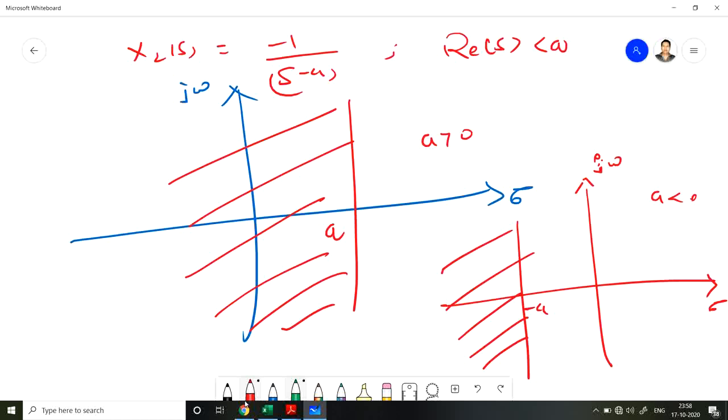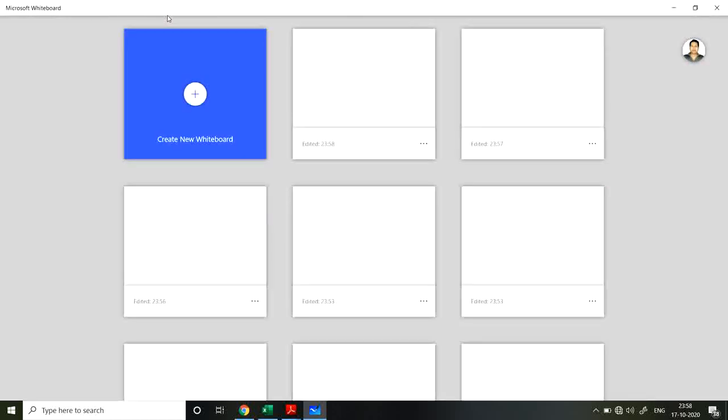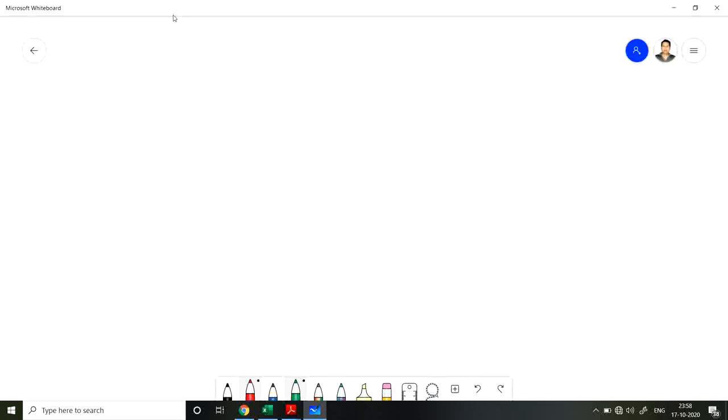So we have considered both the cases when we have a greater than 0 and when we have a less than 0. Now let us see what is happening when we are taking the combined signal. So X(s) is equal to X1(s) plus X2(s).